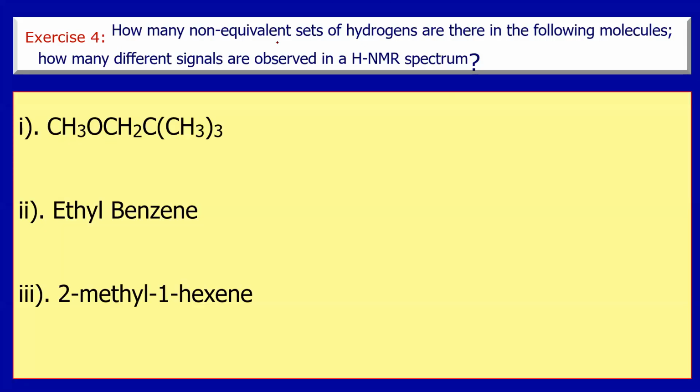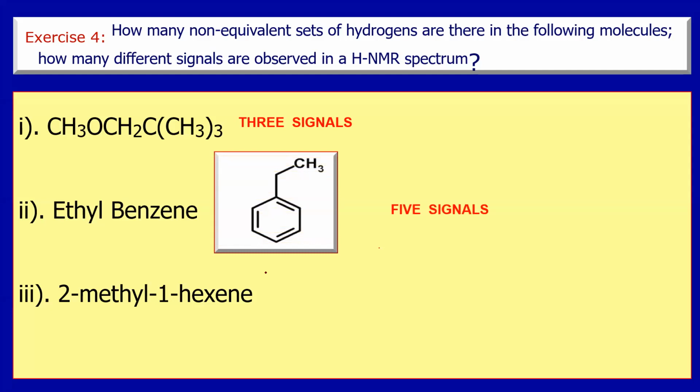So look at some more. How many non-equivalent sets of hydrogens are there in the following molecule? 3 signals. So 1 signal, second signal, third signal, fourth signal, fifth. 1, 2, 3, same.